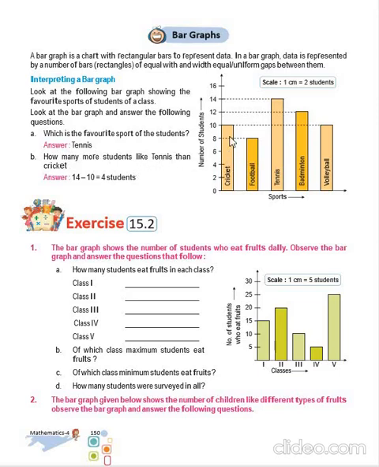Cricket is liked by 10 students and tennis is liked by 14 students. So 14 minus 10 is equal to 4. Like this, by looking at the bar graph, we can answer the questions.